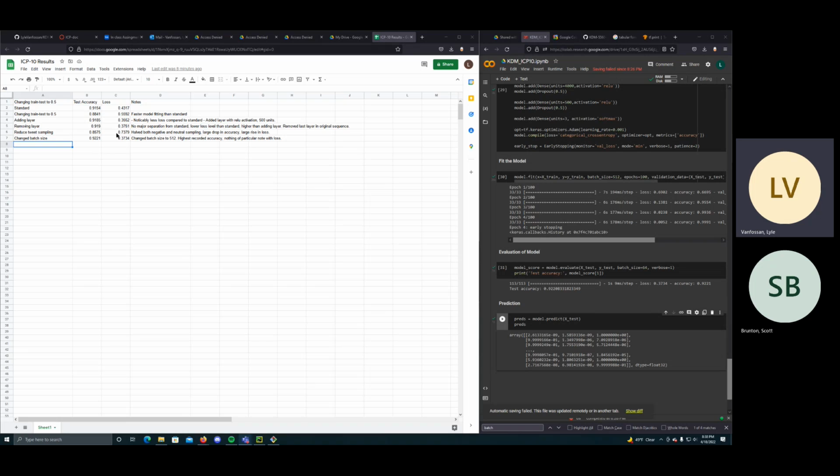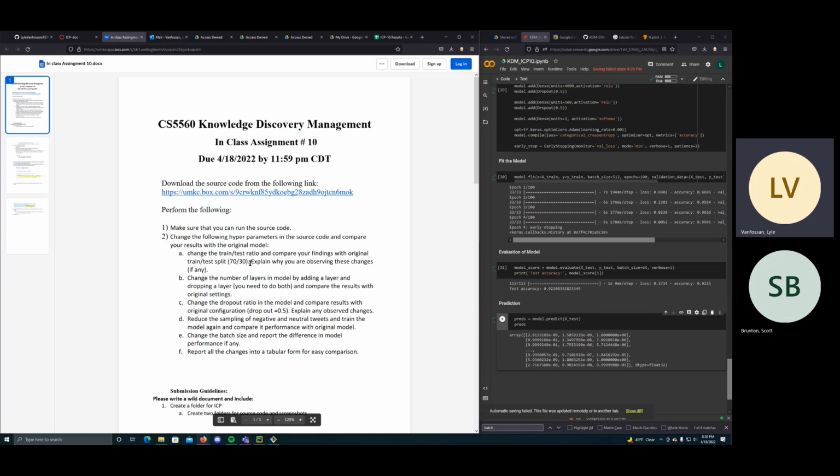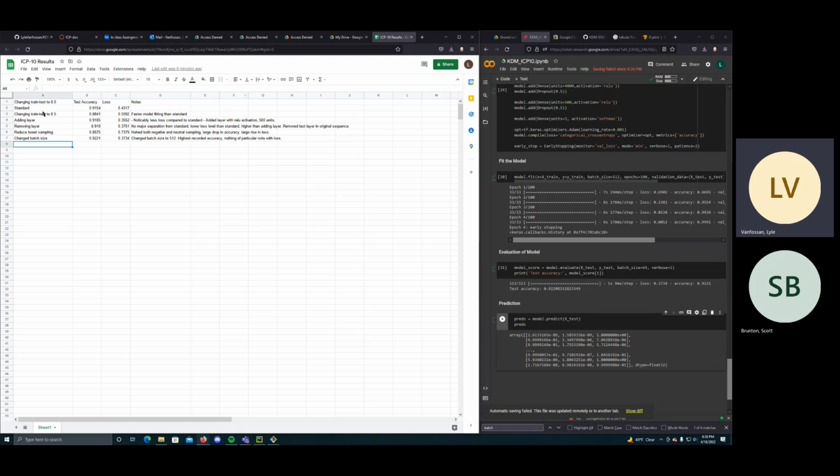When we changed the train test, I'll get the terminology, changed the train test ratio to 0.5 as opposed to 0.3, we had a pretty decent drop in accuracy. It dropped to about 88%, and our loss function increased to 0.55.